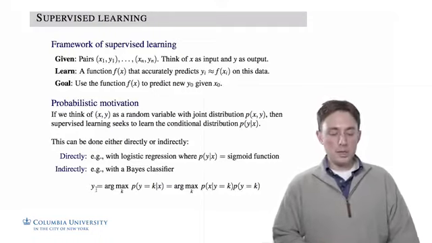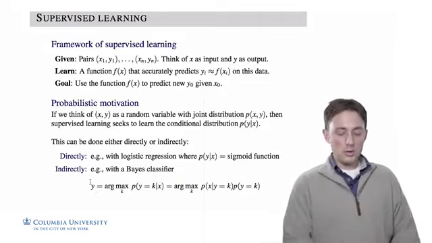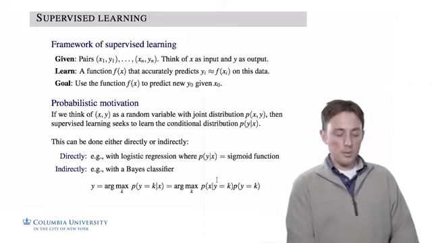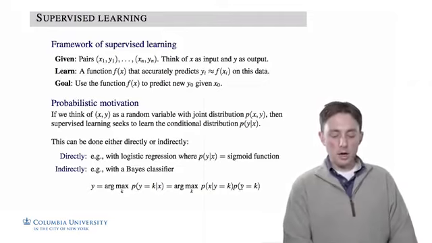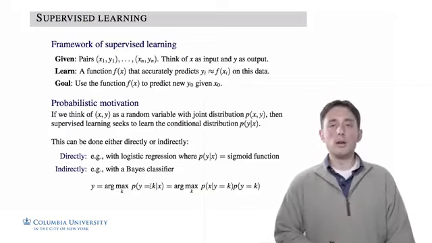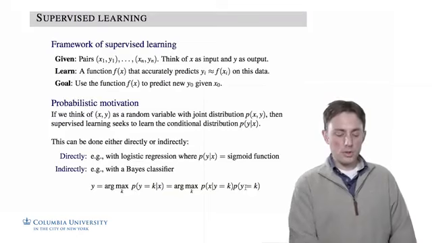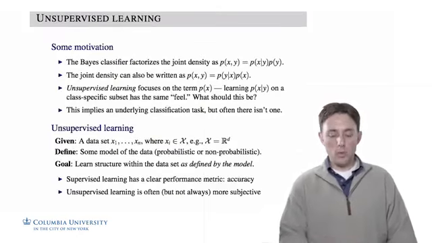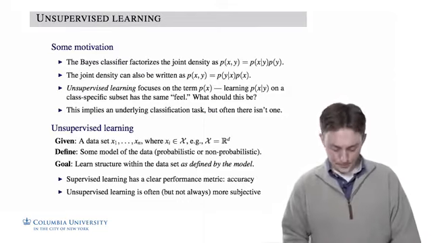Or indirectly using the Bayes rule, where we could use a Bayes classifier and say that we were going to predict y given x to be the argmax of the class conditional distribution of x times a prior probability on the label. So here's where we used Bayes' rule to turn the conditional distribution on y given x into a conditional distribution on x given y times a prior on y. And so this is a very general technique.